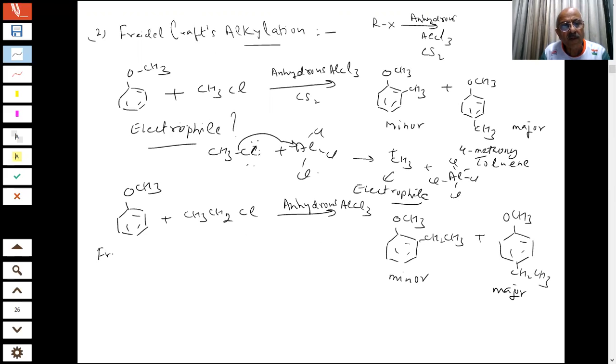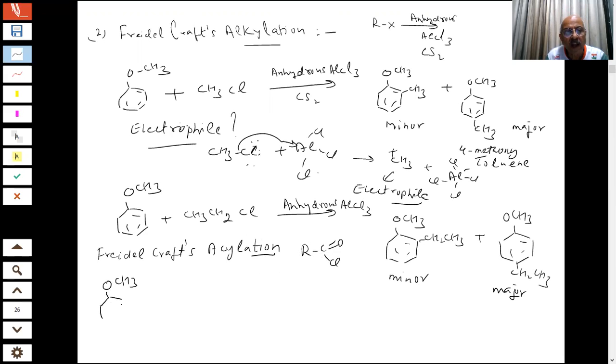There is another one which I am saying, Friedel-Crafts acylation, student. What do you use in acylation? RCOCl. Instead of alkyl, you have an acyl group. So if we give you this question in the paper, this is my anisole, students.